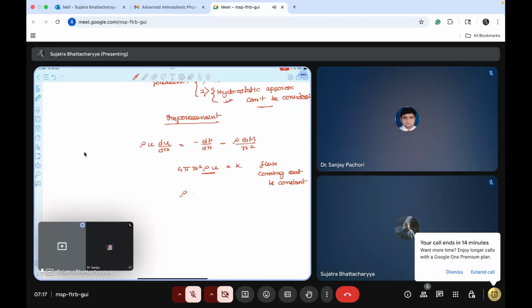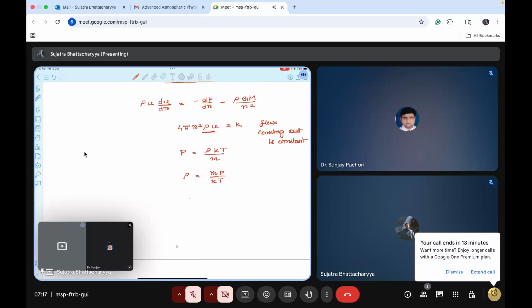Now, let me write it properly. The pressure, let's say, is equal to rho kT by m. This we can write because P is equal to rho RT. So just rho kT by m. And your rho therefore can be written as mP by kT.